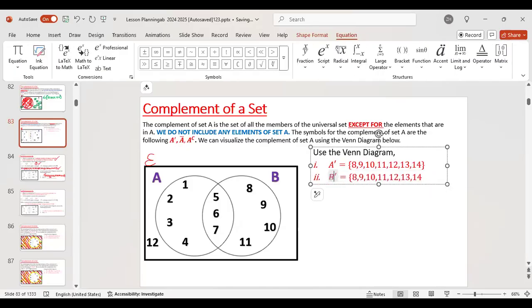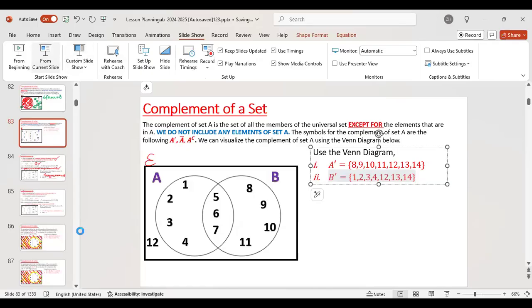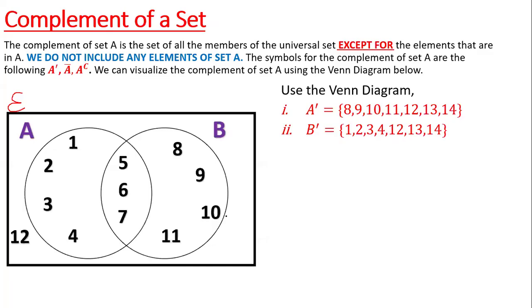So B prime, we're going to have all of the elements not in B. So it's going to be 1, 2, 3, 4, 12, 13, and 14. So that's our A complement and that's our B complement. I don't know why my 13 and 14 keep on getting erased, but we also had 14 and 13 here. Okay, so that's those two questions.